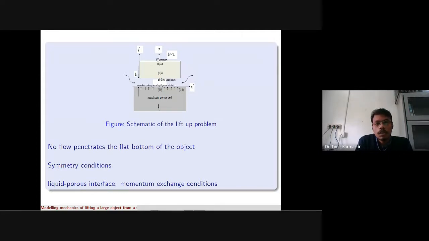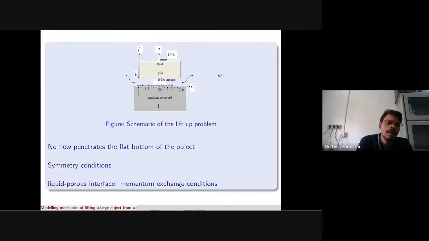This is the object, and everything is happening near the mud line, that is nothing but the interface. So what are the boundary conditions? We assume that the bottom of this object is impermeable, so no flow penetrates, and we assume symmetry. This is a slightly relaxed assumption.